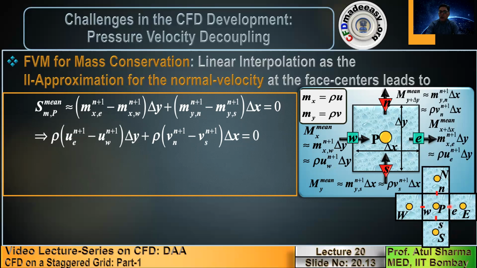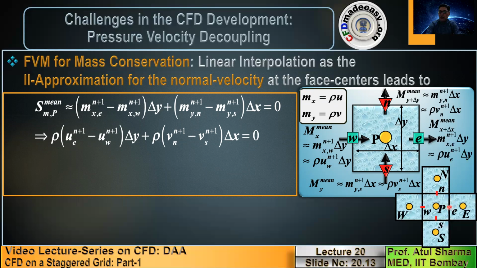To calculate UE, if you draw a horizontal line, you find that this point e is exactly in between capital E and capital P. These circles are like grid points or pixels for U and V velocities. You want to calculate at this face center where you do not have any grid point.